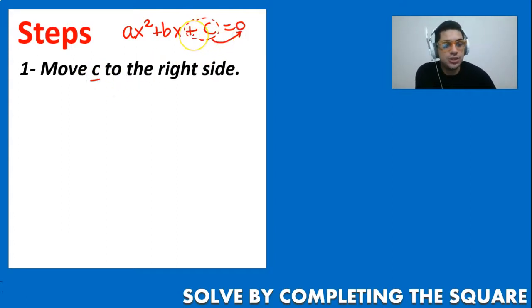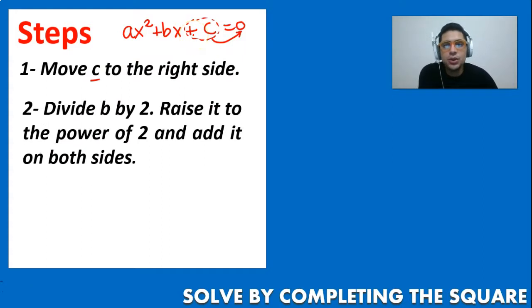And it has to change its sign. Then we're going to divide whatever value we have here by 2, right? After we divide that number by 2, we're going to raise it to the power of 2, and we're going to add it to both sides, to the right side and then to the left side.